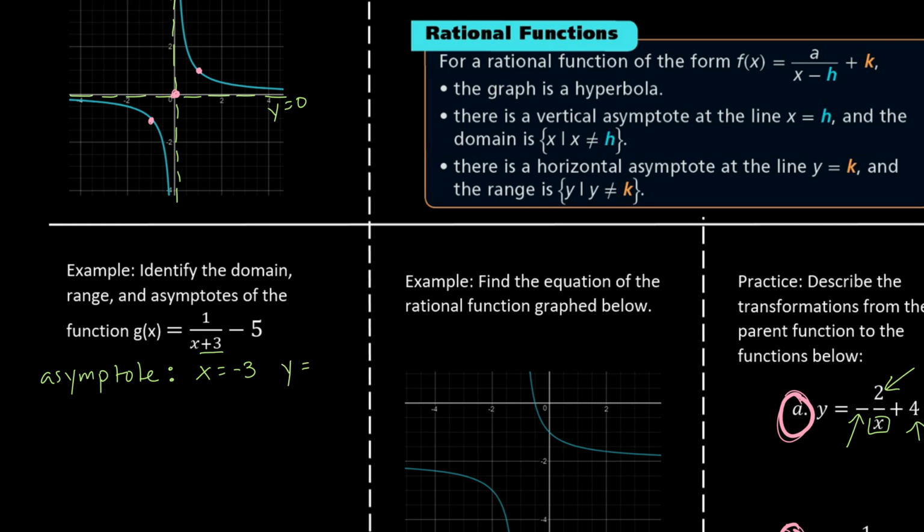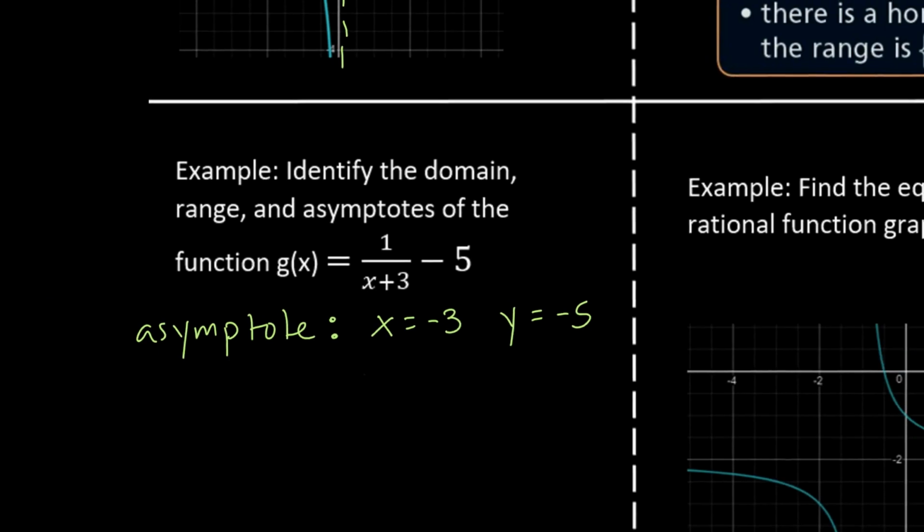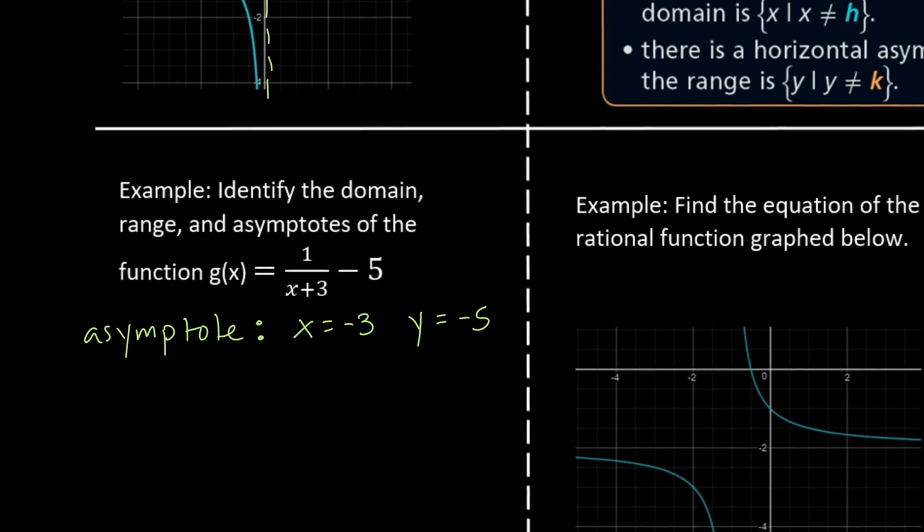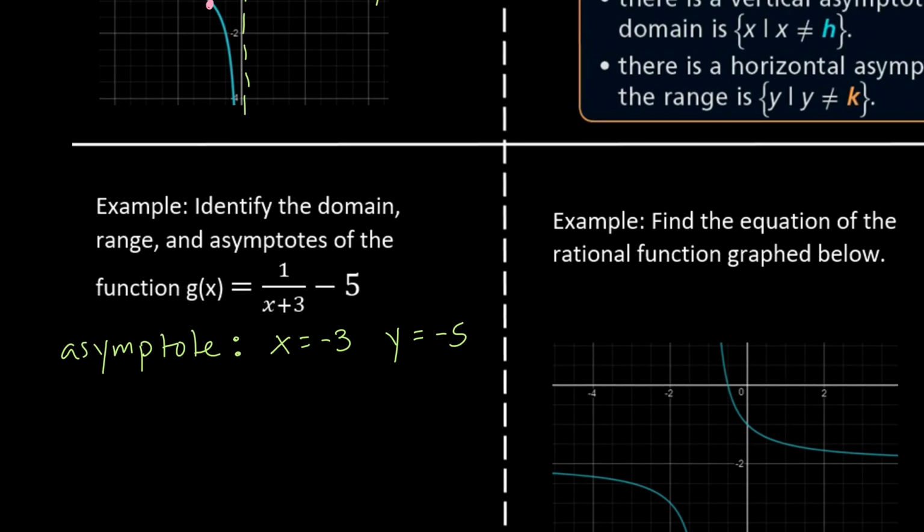And y equals -5. Good. And let's look at this a little bit. Why does it make sense that in this problem we can never have x equals -3? Because it never actively touches.